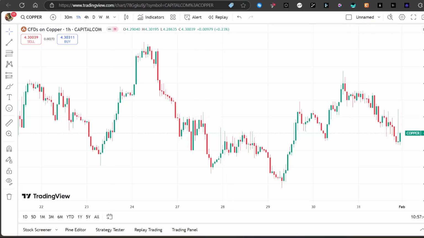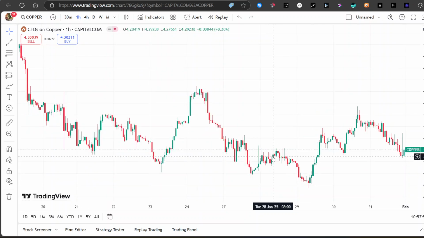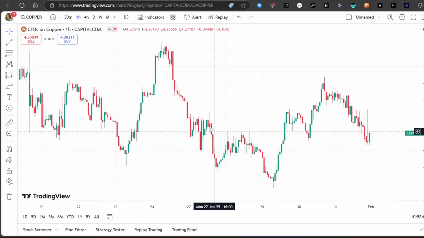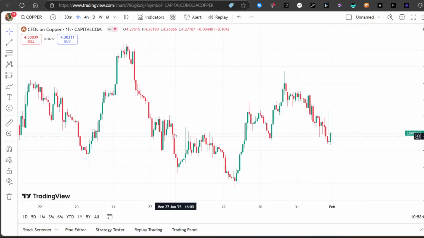Now let's dive into some technical analysis techniques. When trading copper, it's essential to incorporate both trend analysis and pattern recognition. You start by examining price charts over various time frames.